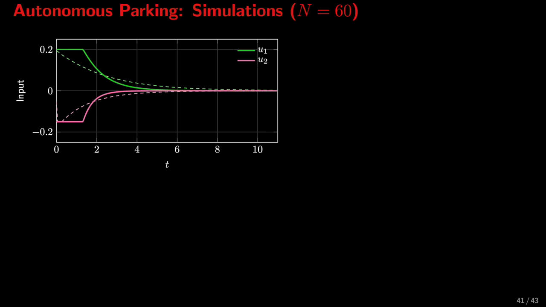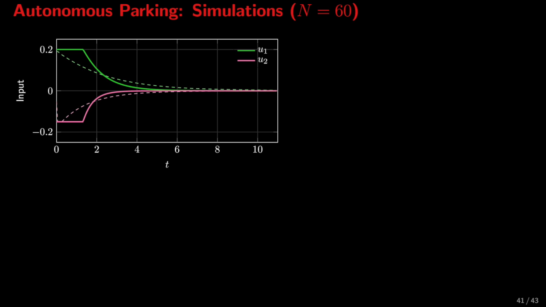By increasing these coefficients in Q, we have made the system more aggressive. This is evident from the fact that the velocity throughout the first few time instants saturates at 0.2, which is one of the extreme values for u1, and minus 0.15, which is another extreme value for u2.